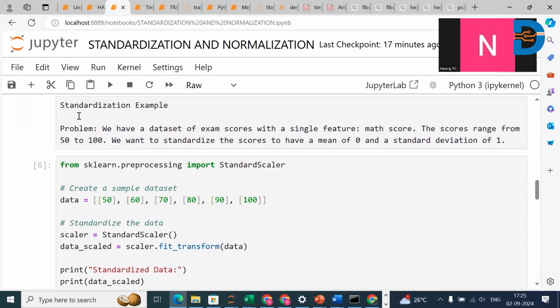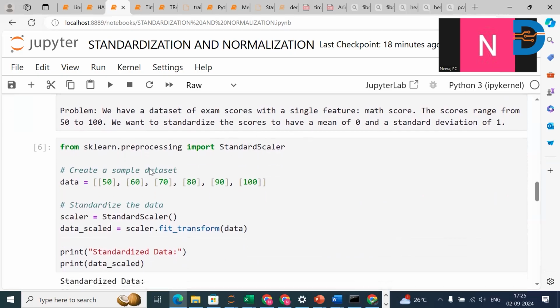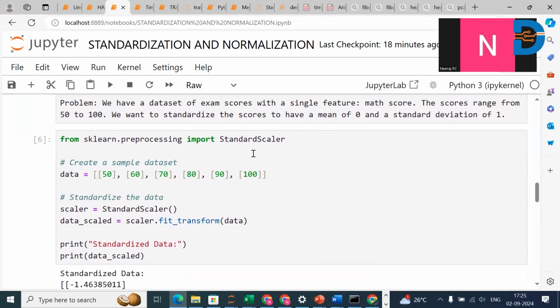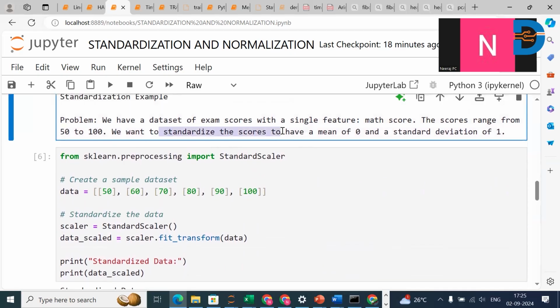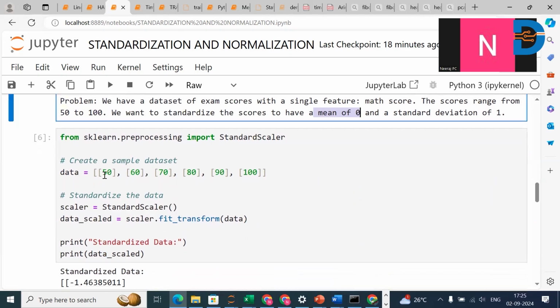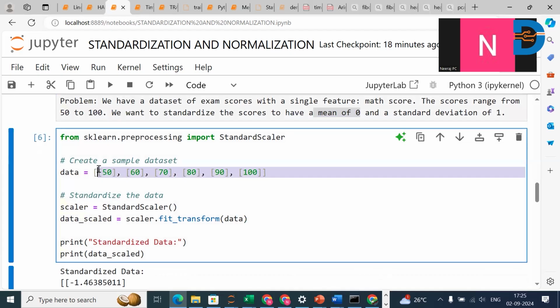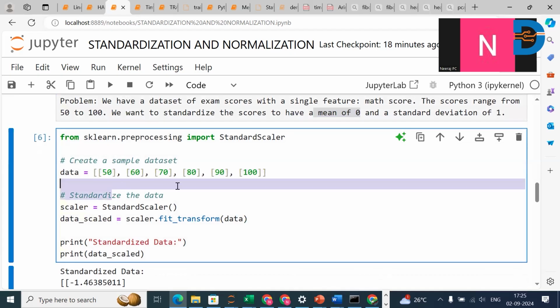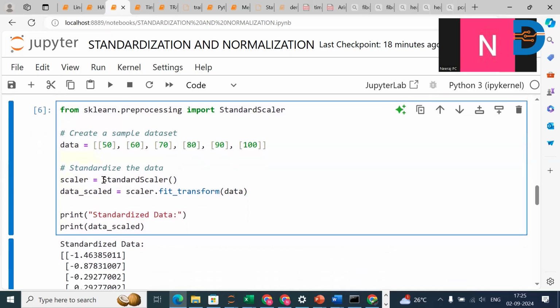Let's see another example of standardization. Let's say we have a data set of exam scores of two subjects, and we want to standardize the scores. What is the purpose? We want a mean of 0 and standard deviation of 1. And what is the purpose of normalization again? We want the entire data points in the range of 0 to 1. We'll be taking one single feature or column here, using StandardScaler, and fitting our data into the StandardScaler.